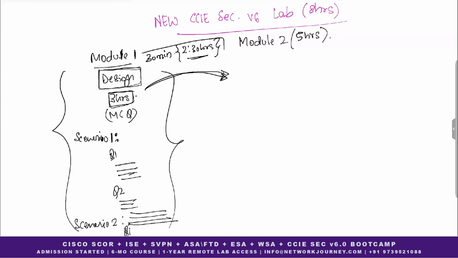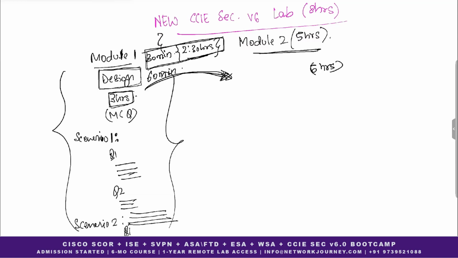Either you utilize everything and then move on, or if you're very sure that your answers are done, you can go ahead or wait for 60 minutes and then shift. Here you get only 5 hours. Nothing gets carried forward. So don't think that if I complete the design part quickly, the hours will carry forward to module two. It won't.